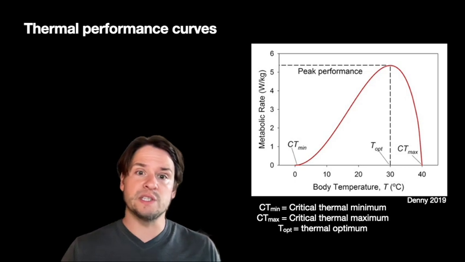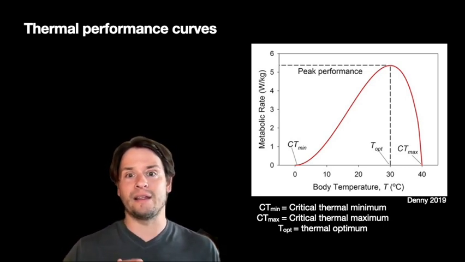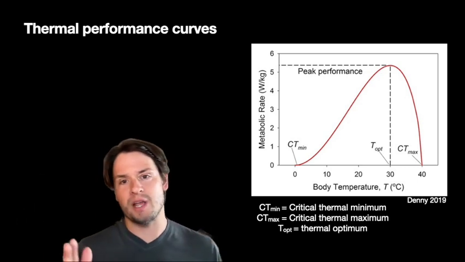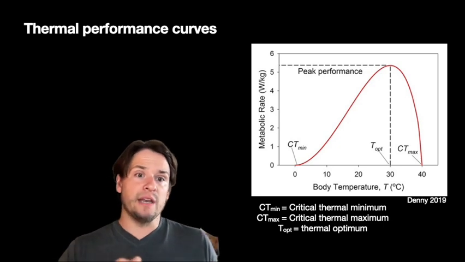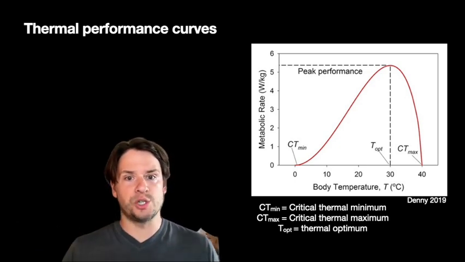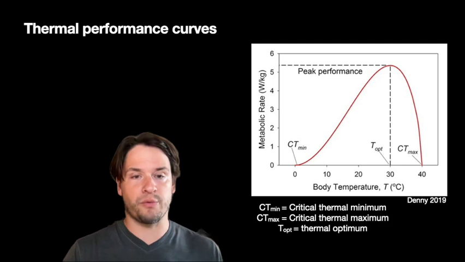On the other end, we see something called the CT max, critical thermal maximum, and that is again the high end of temperature where all functioning sort of shuts down. And in between, we have some general peak of performance called the thermal optimum. So some intermediate temperature where we see the sort of best performance.